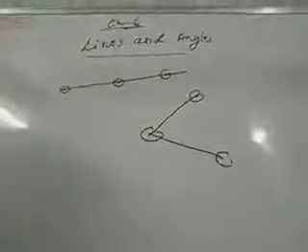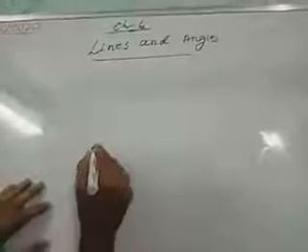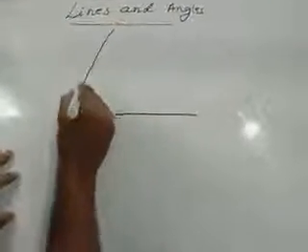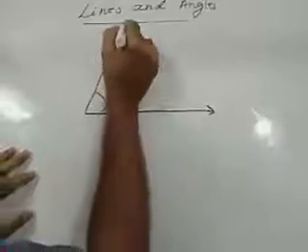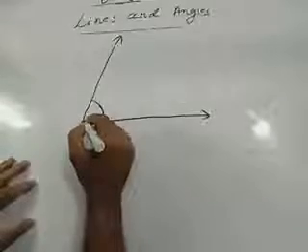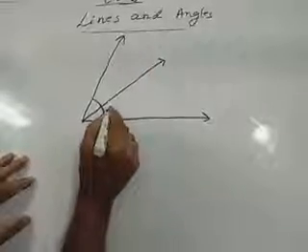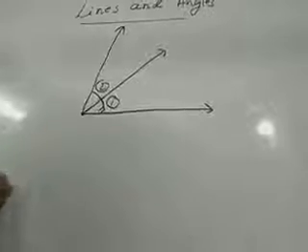Now what is an adjacent angle and what is a linear pair? Suppose this is an angle. This is the vertex. Now from the vertex, if we draw one more ray, then you see this is one angle, angle number 1, and this is another angle, angle number 2.